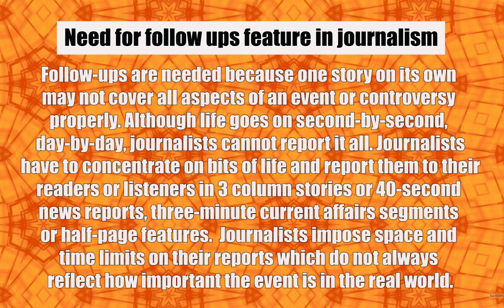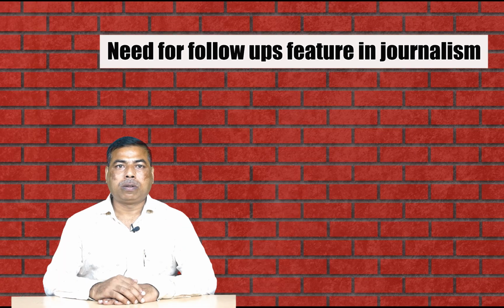Journalists impose space and time limit on their reports, which do not always reflect how important the event is in the real world. Journalists also attempt to show continuing events in self-contained chunks called news stories.